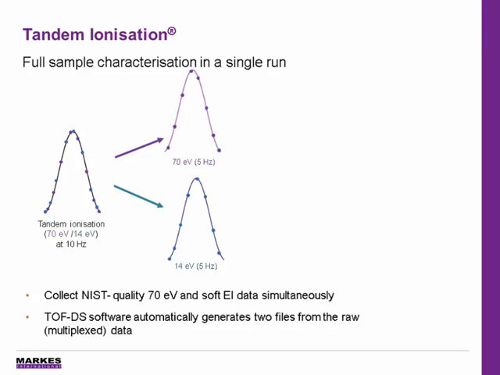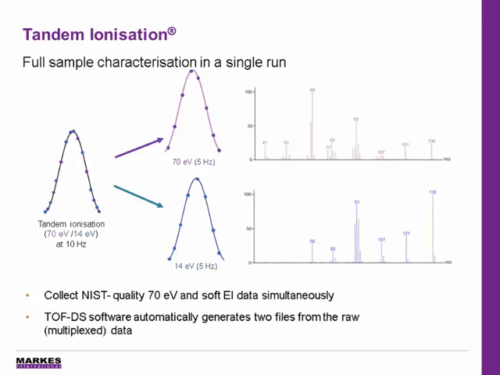This is fast switching of the ionization energy across every peak in the chromatogram, providing 2 complementary data sets. One at 70 eV for screening against commercial libraries, and one at soft electron ionization, like 14 eV shown here, for enhanced molecular ions, reduced fragmentation, and improved isomer speciation, so that you can get full sample characterization in a single run.